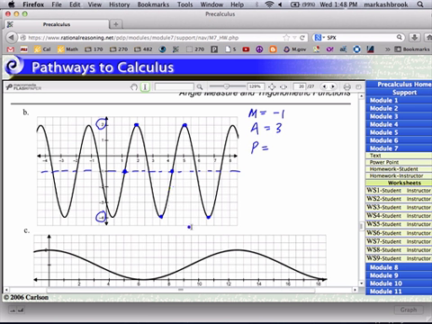So let's take a look here. It looks like the minimum is pretty close to 3.5, and then this looks pretty close to 6.7.